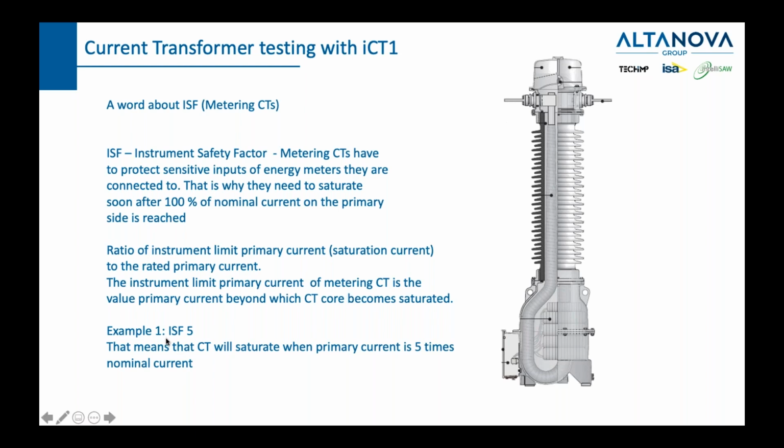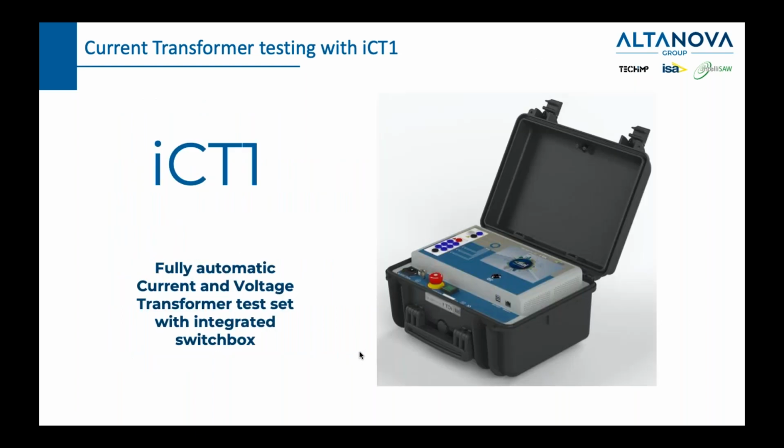So here the example is, if ISF is 5, that means that the CT will saturate when primary current is 5 times nominal current.